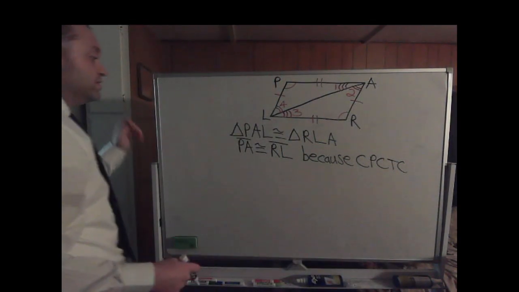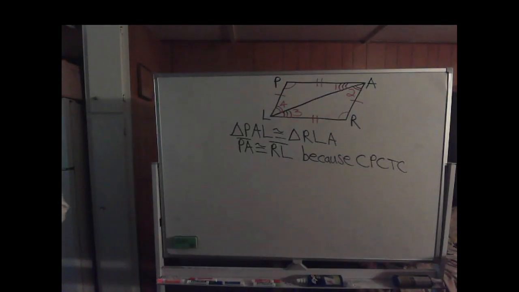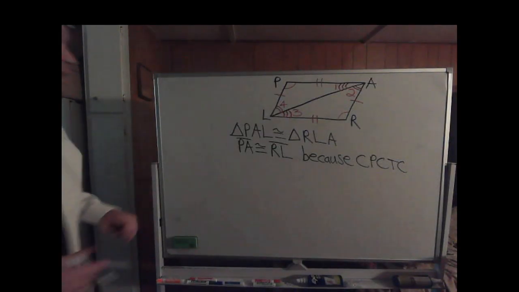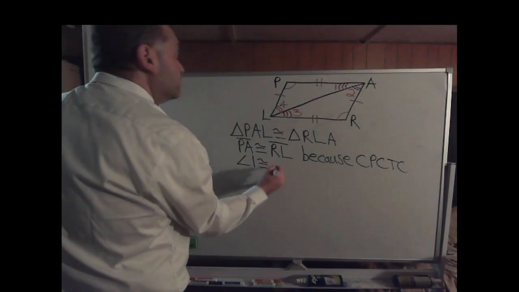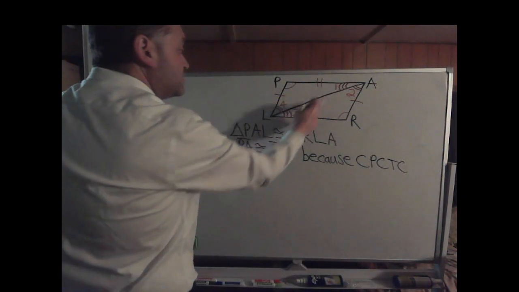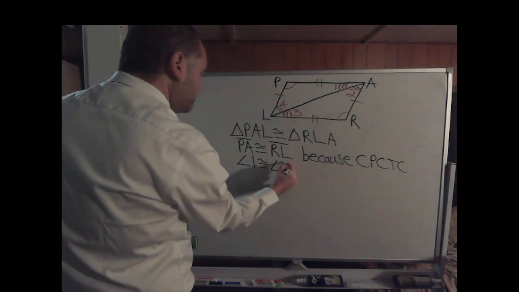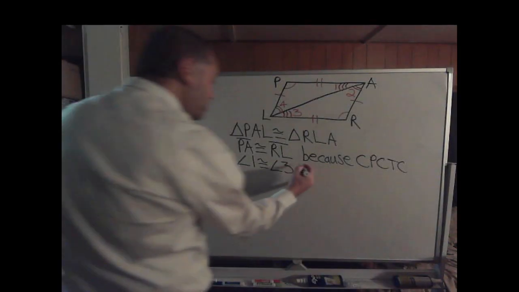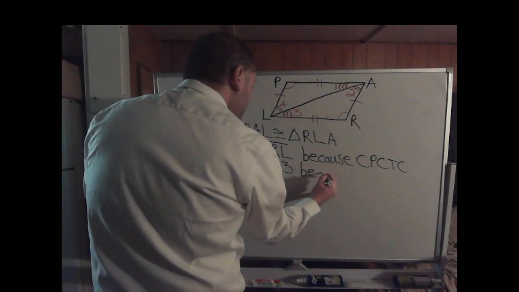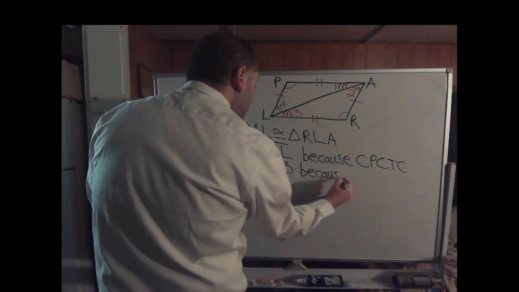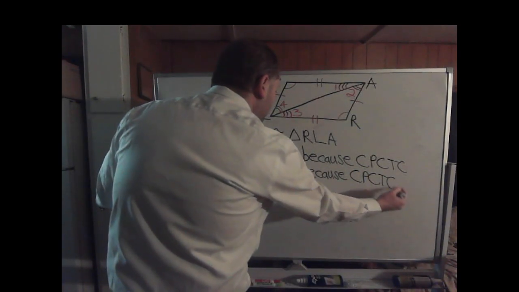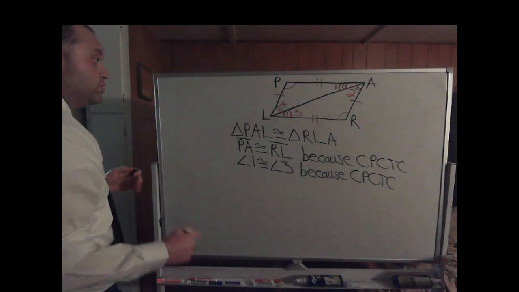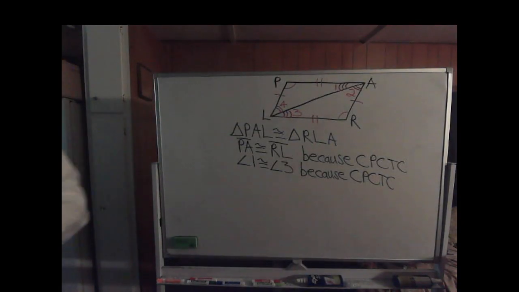CPCTC makes your life a lot easier. Now what else? Angle 1 is congruent to, we look at the congruency markers, it's congruent to angle 3. Why are they congruent? Well, because of CPCTC. You'll be amazed how much you'll use these in your triangle proofs.